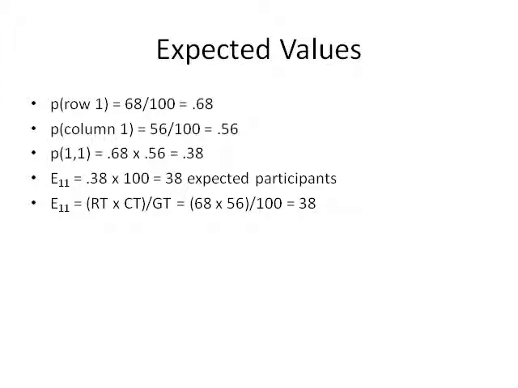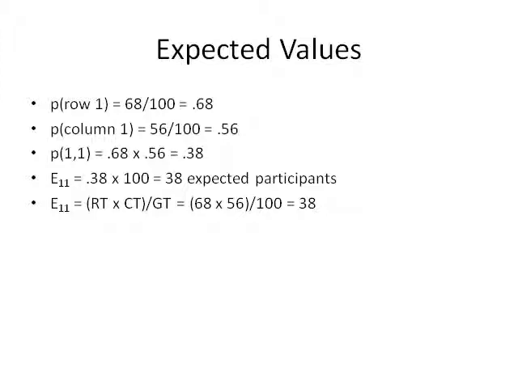And based on the data in the contingency table, the probability of being in column 1 is the sum of the participants in column 1 divided by the total number of participants, or 56 divided by 100, which is equal to 0.56.